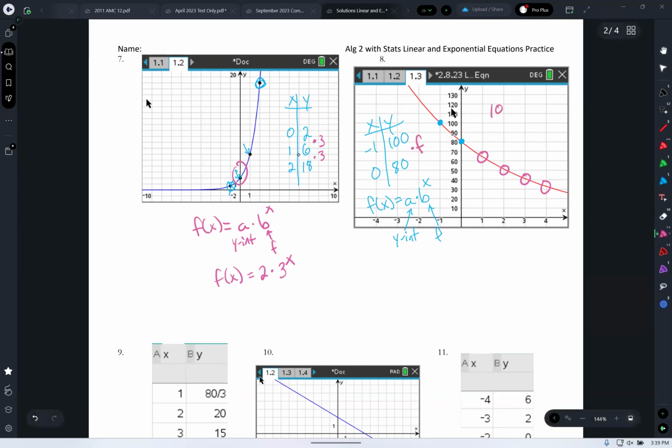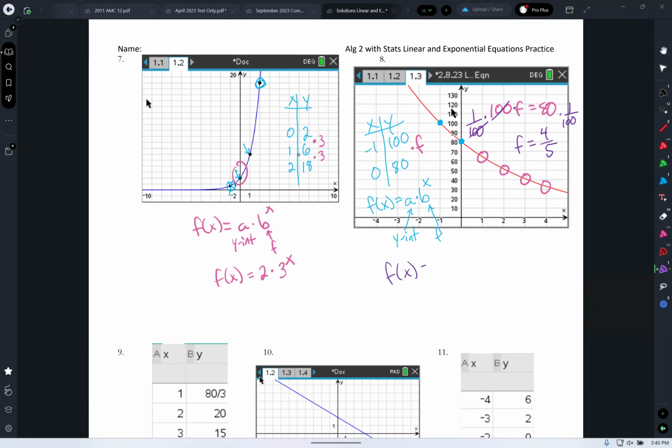All I need to find is my constant factor, and I know for a constant factor, 100 times f is equal to 80. And I know how to solve an equation like that. The inverse of multiplication is division. And when I type 80 divided by 100 into the calculator, it gives me a nice factor of 4/5.